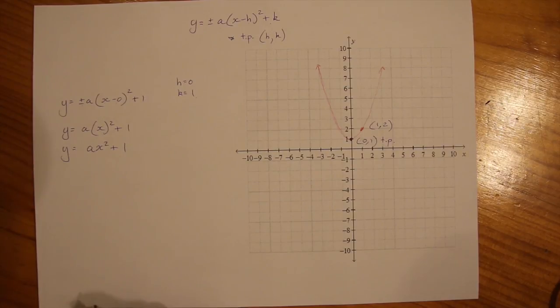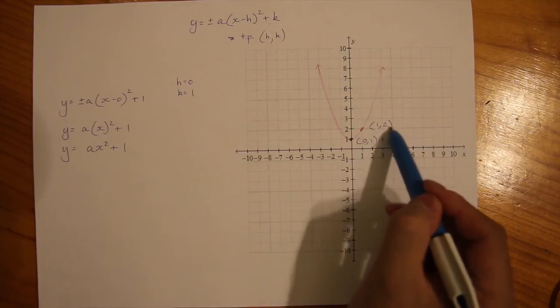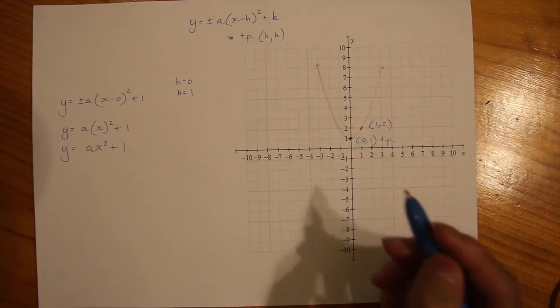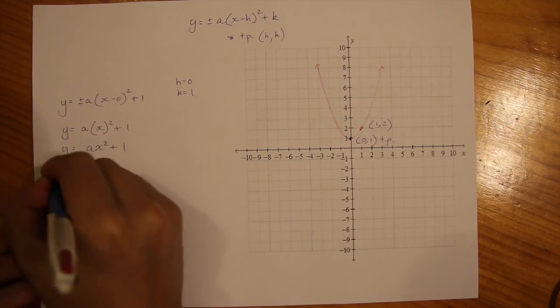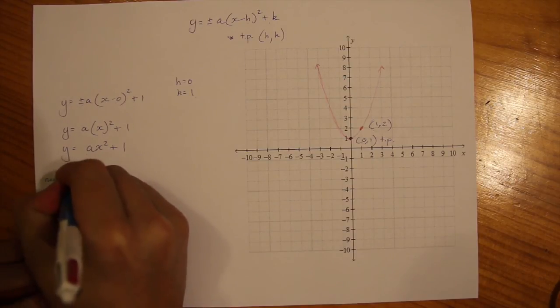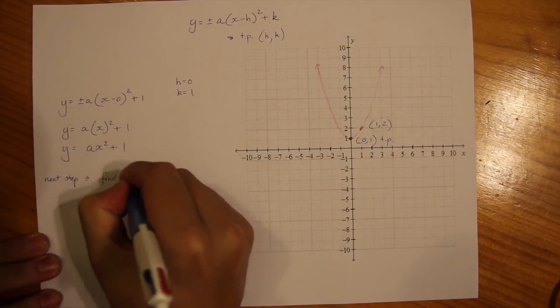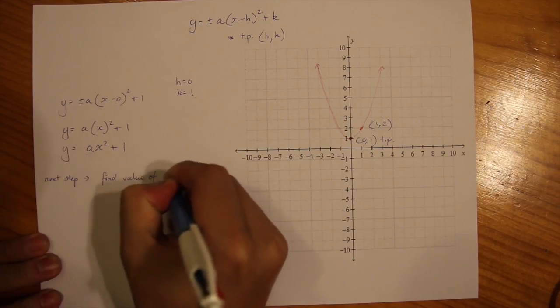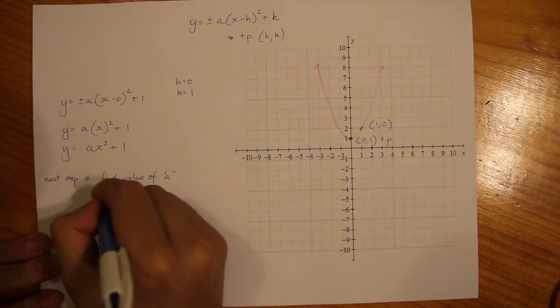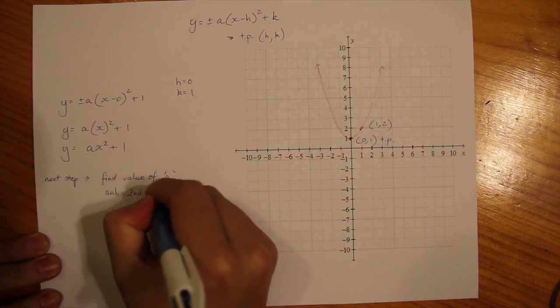Okay, so what we need to do is actually find out what a is by substituting the values of 1 and 2. So next step, find value of a, substitute second set of coordinates.